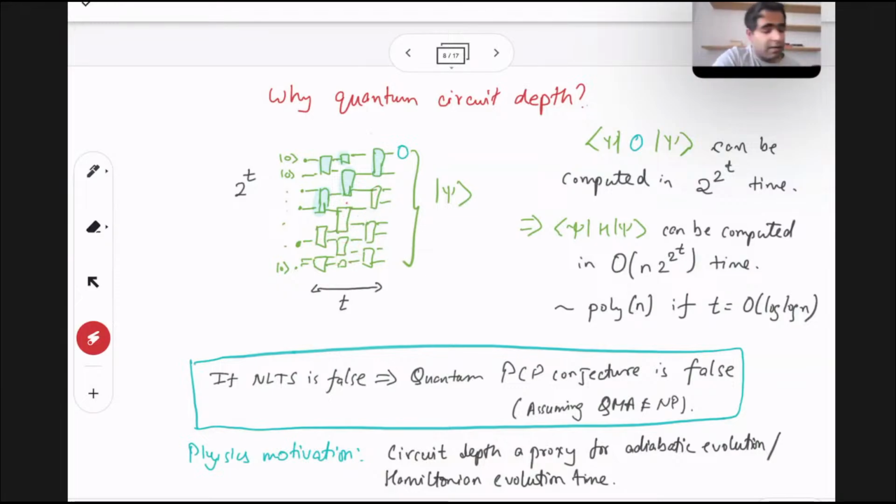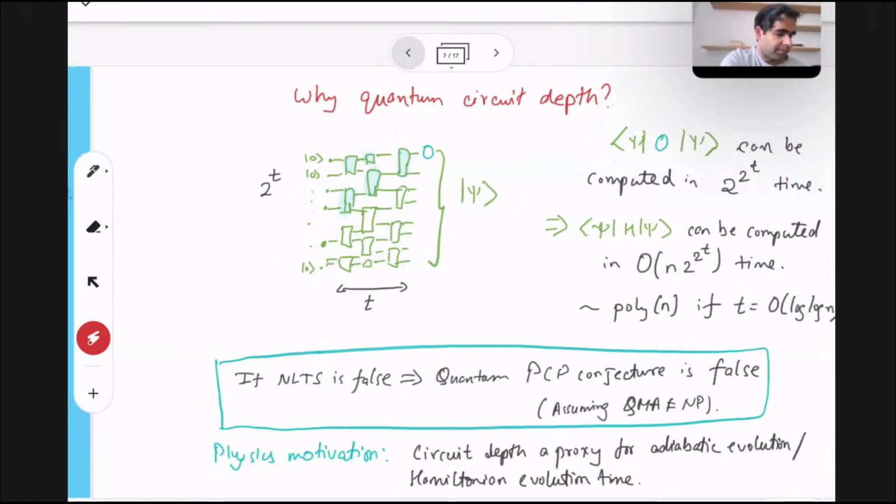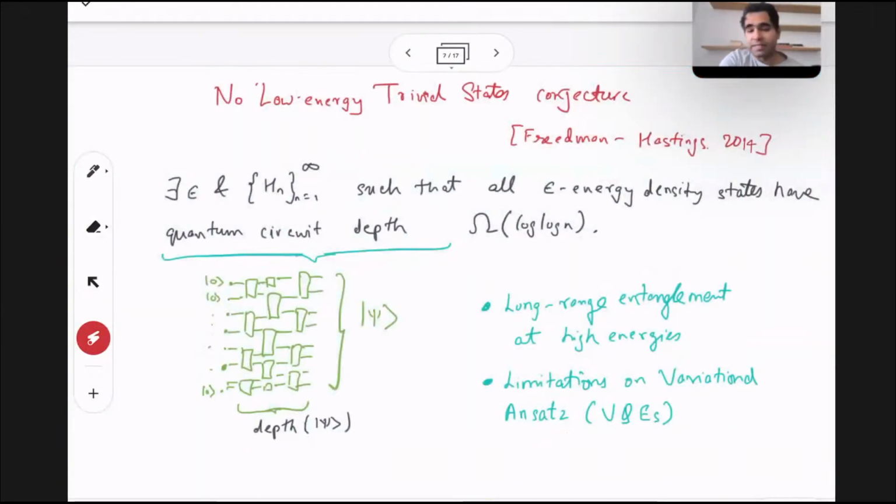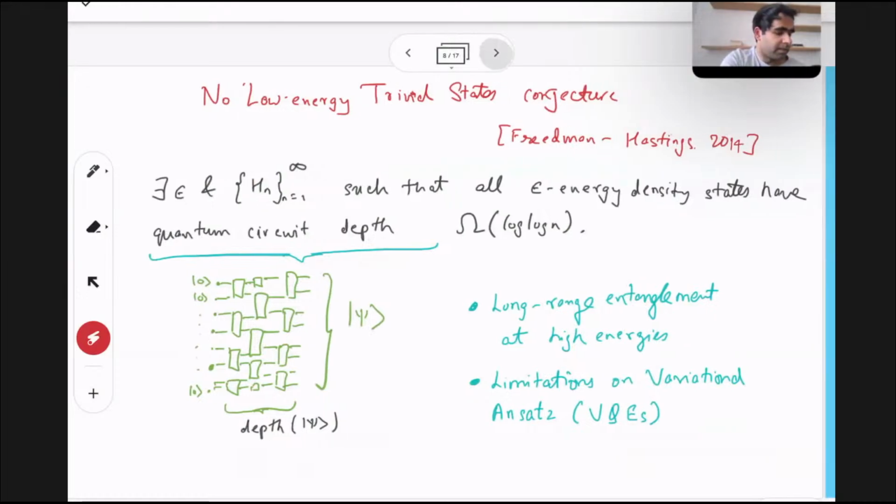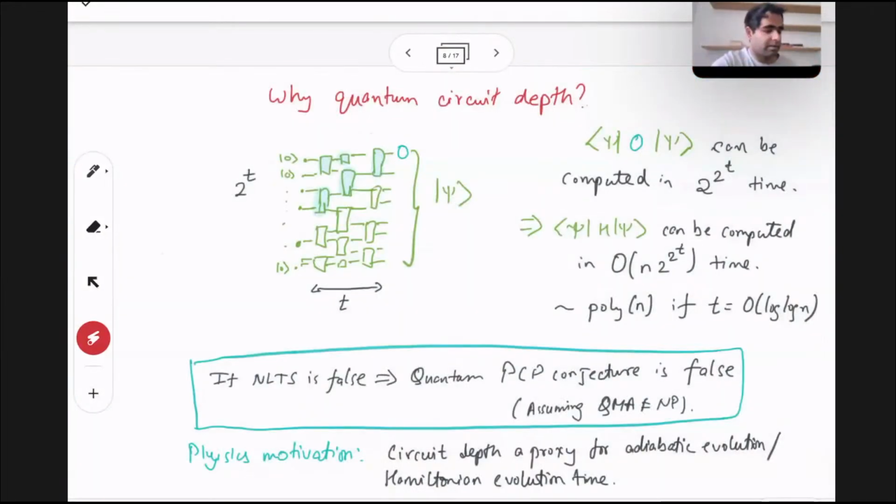Even then, it's enough for me to compute the expectation value. And if I have 2 to the t qubits, the time it takes is exponential in the number of qubits. So if t is log n, 2 to the t is polynomial in n, so my computation can be pretty fast. This is one of the reasons why this class of circuits is interesting, and also the reason why this is an easy class of states.